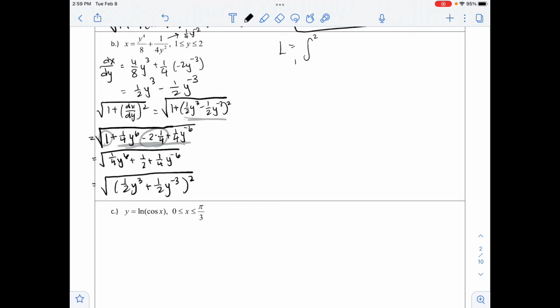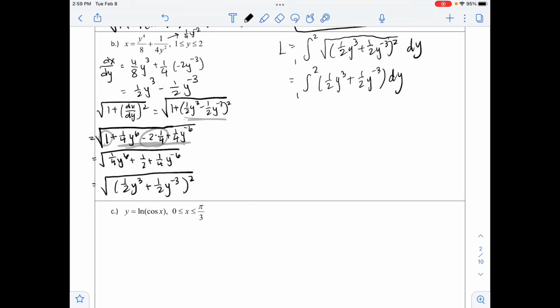What we have here is the square root of the derivative squared plus 1, which worked out to being (1/2 y cubed plus 1/2 y to the negative third) squared dy this time, since we're integrating with respect to y. The square root and the squared would reduce out, and so we have the integral from 1 to 2 of 1/2 y cubed plus 1/2 y to the negative third dy, which we can easily integrate.